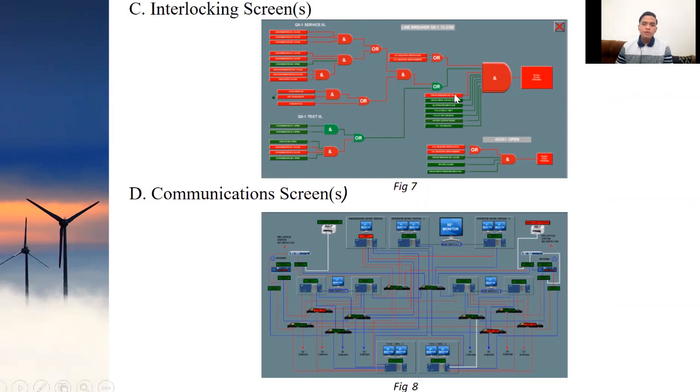This type of screen is helpful for the operator during maintenance and switching activities during which they must satisfy certain interlocks before any operation. Next is the communication screen. Ethernet switches are integrated with the database server to provide port up or down status. This screen shows information related to the network.